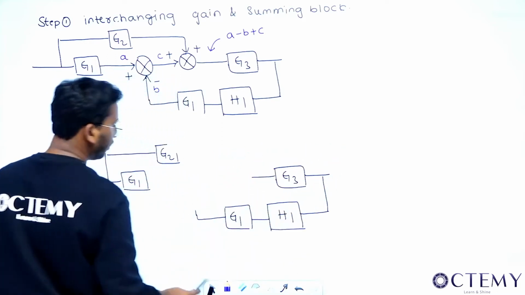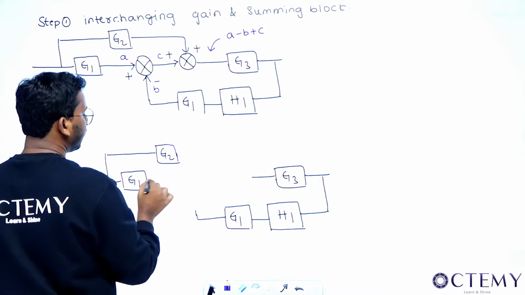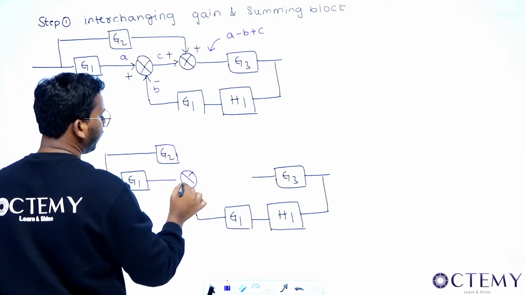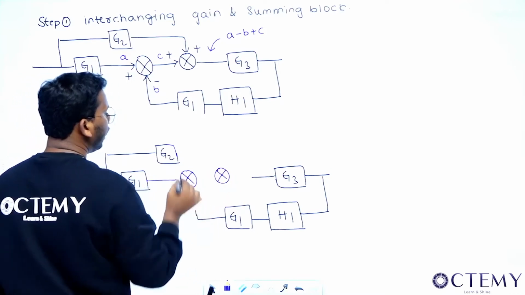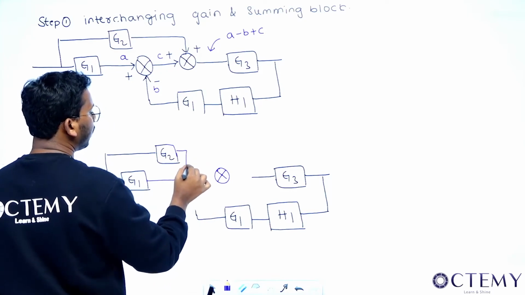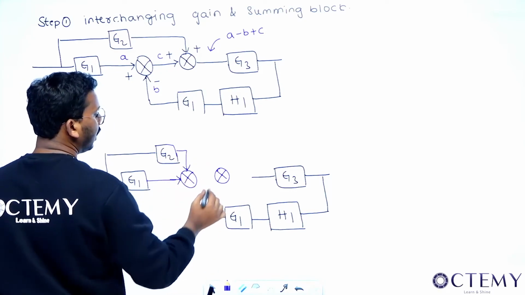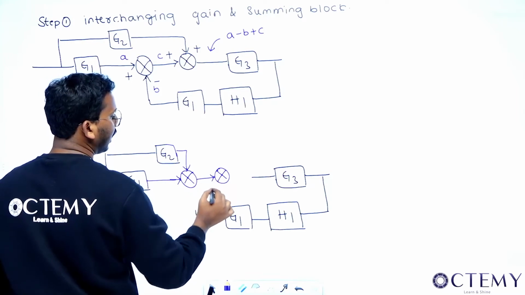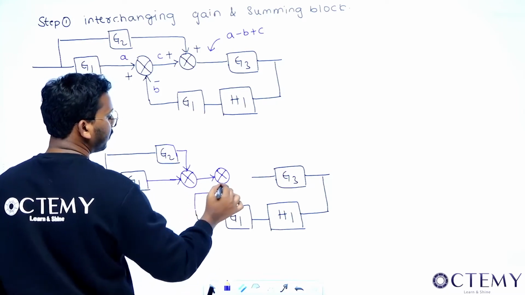If you interchange the summing points, you will get one summing point here, the other summing point here. So the output from this should go to here. This is as it is here, and this is as it is here, and this should go to here.